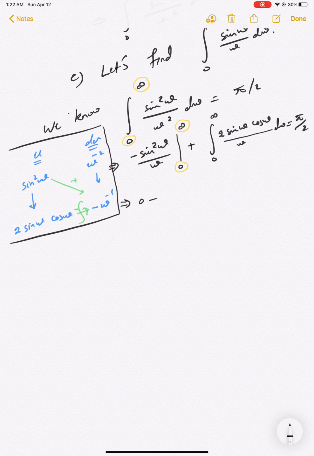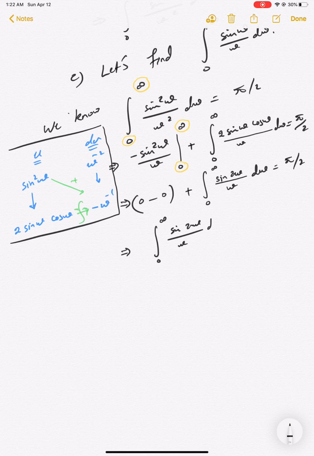Minus, if you compute the limit at 0, just apply L'Hopital, you get 0. So basically this is 0 plus the integral from 0 to infinity. But what is 2 sine omega cosine omega? This is just the identity for sine 2 omega. All of this is equal to pi over 2. So we have the integral from 0 to infinity of sine 2 omega over omega d omega is equal to pi over 2, right?